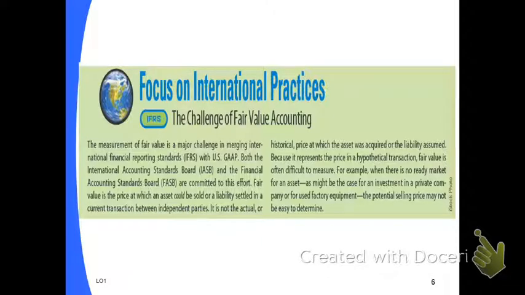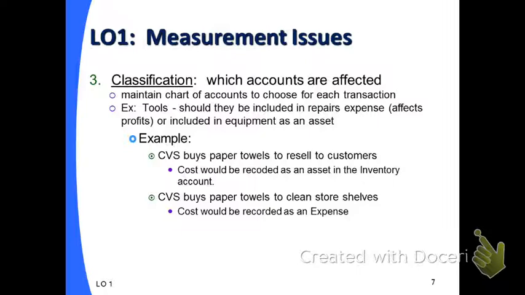The last piece of the measurement issue is the classification. In this question, we're looking at which accounts are affected by the transaction. Businesses maintain a chart of accounts to choose from for each type of transaction.